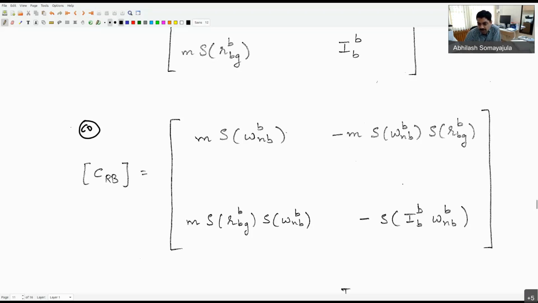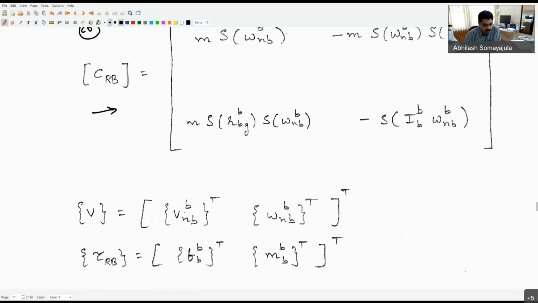We had to take care of the fact that the inertia should also be expressed in terms of the body fixed frame rather than about the center of gravity. And that took us some mathematical manipulation to get it into this form that we see right now here.